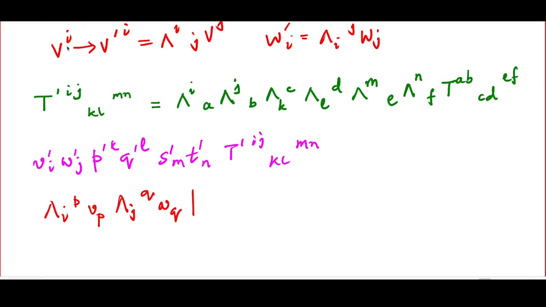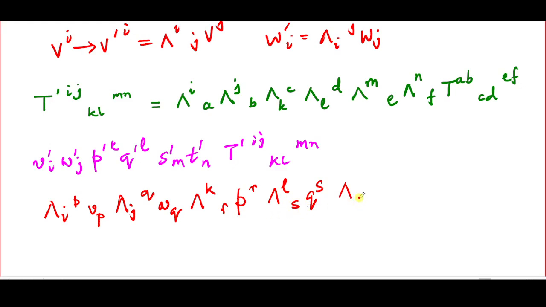Then we have vectors transforming, so it will be lambda K, R, P, R, lambda L, S, Q, S.